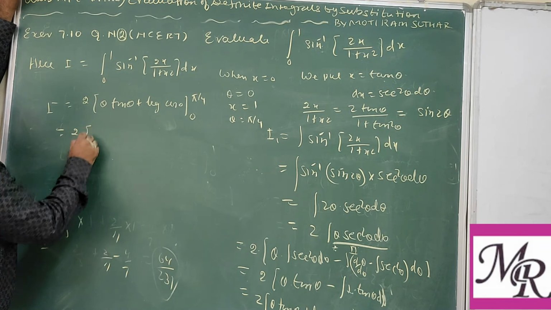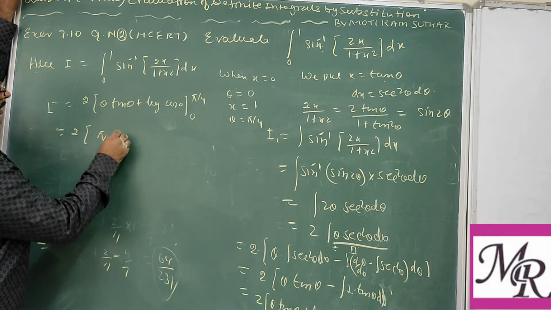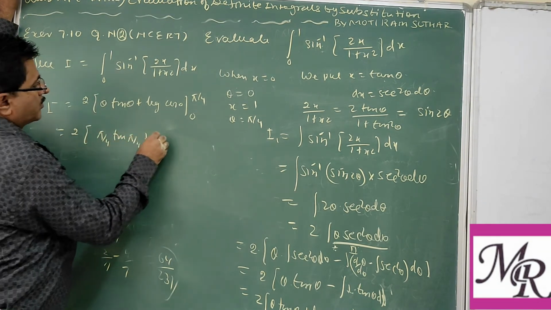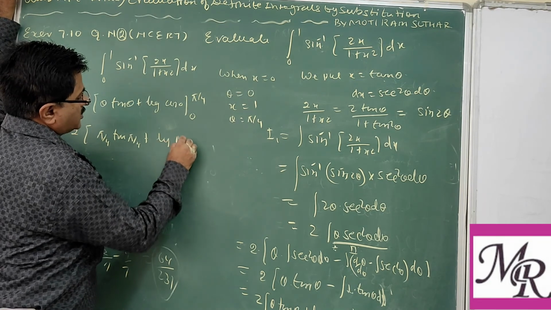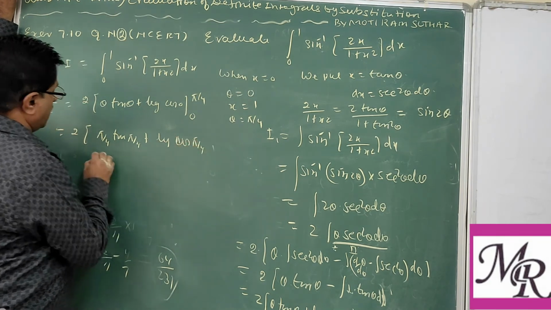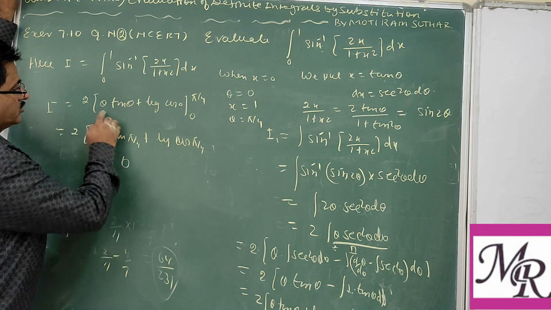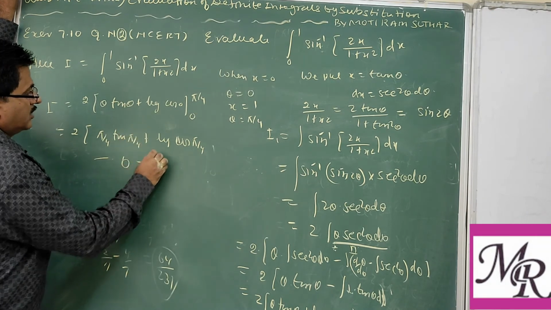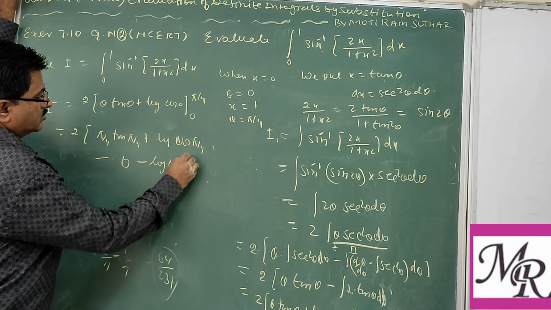So 2 into pi by 4 tan pi by 4 plus log cos pi by 4, minus 0 into tan 0, minus log cos 0.